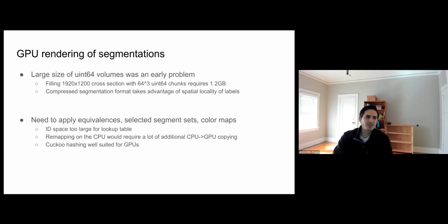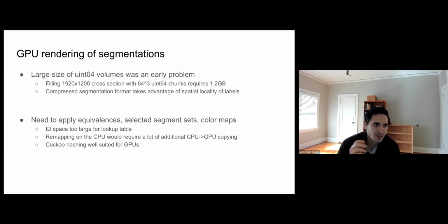And so this compressed segmentation format that I devised was designed specifically to allow this random access. We break up our larger, say, 64 cubed chunk into smaller blocks of, like, 8 cubed. In each of these 8 cubed blocks, we determine the number of unique IDs, and based on that, determine the number of bits we need in order to represent the number of distinct labels.